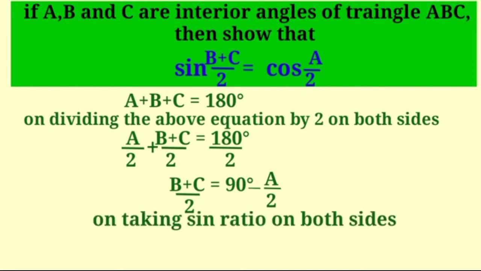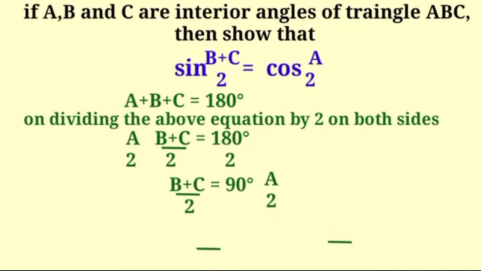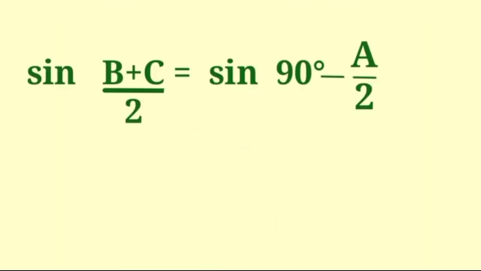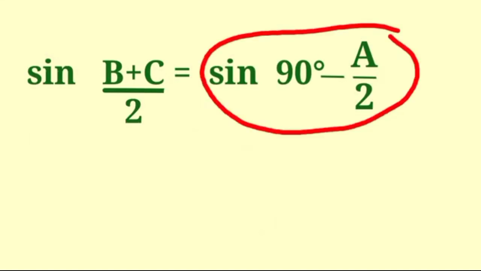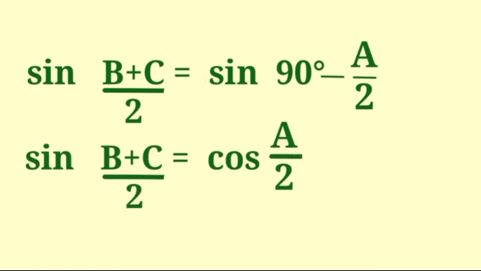On taking sine ratio on both sides, we get sine of (B plus C) by 2 equal to sine of (90 degrees minus A by 2). Here sine of (90 minus A by 2) equal to cos A by 2. So that sin of (B plus C) by 2 equal to cos A by 2.